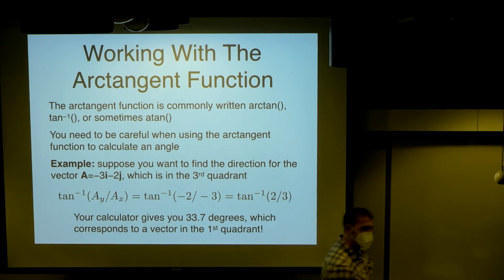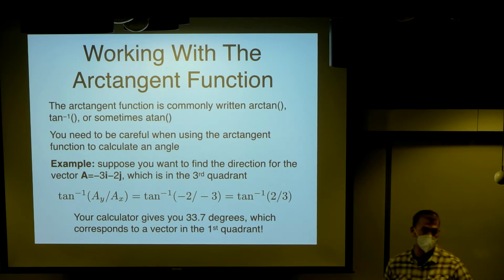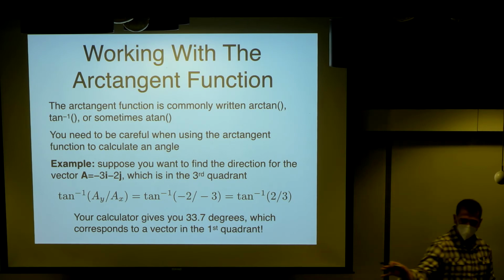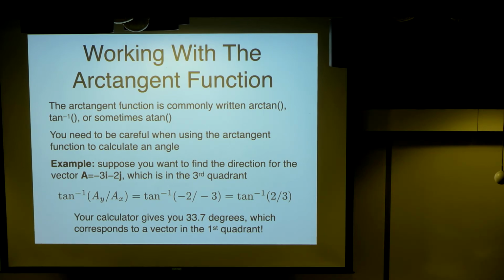You don't just blindly take the result of arctangent and move on. You do have to think about which quadrant you're in and then correct your answer. So we're convinced that that's the case, hopefully? Good. Rather than giving you an example of every possible thing that can go wrong here, I'm just going to tell you a set of rules to follow to correct your angle depending on what quadrant you're in.